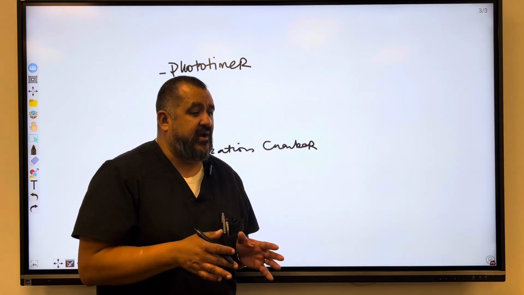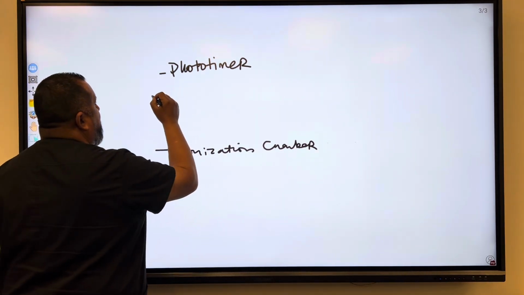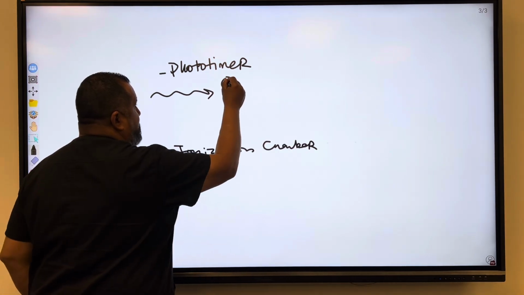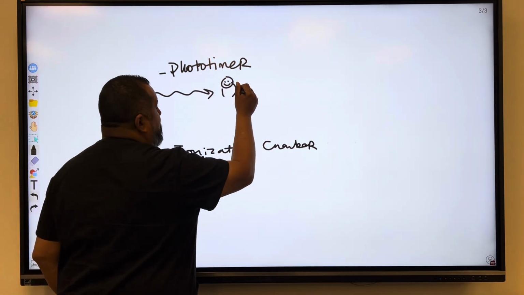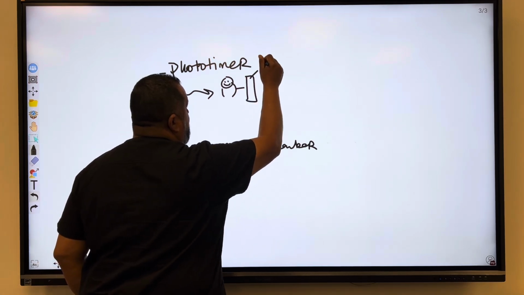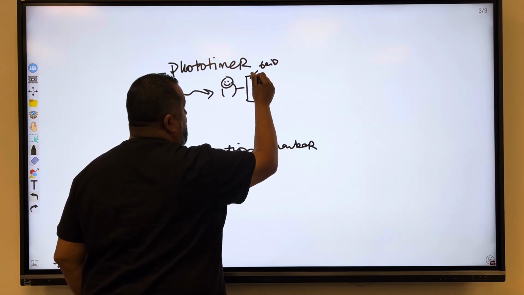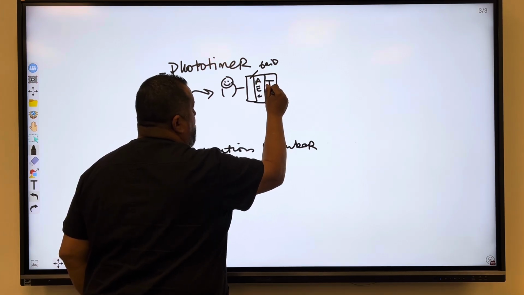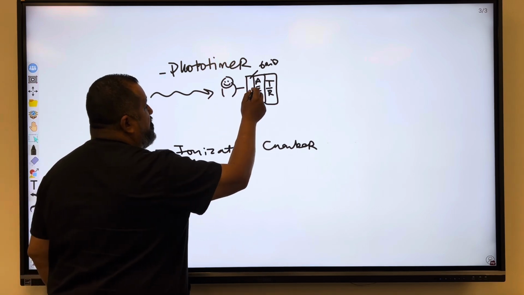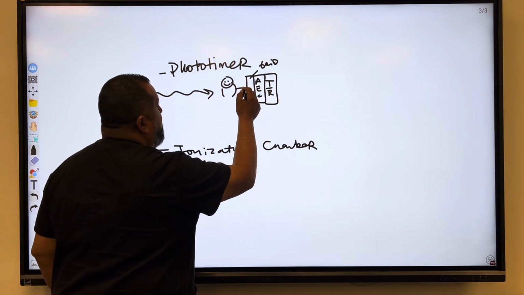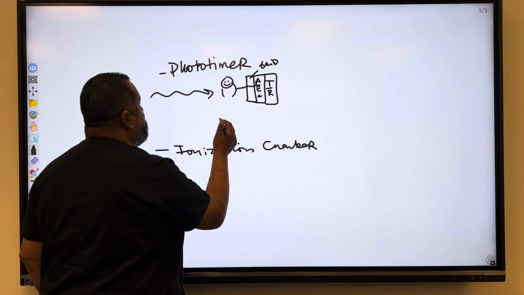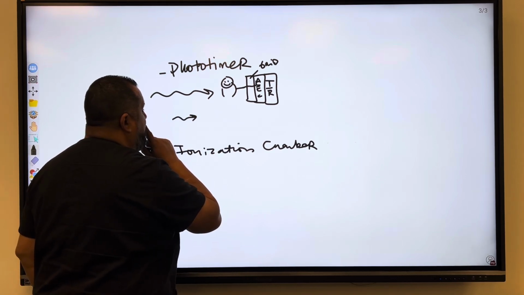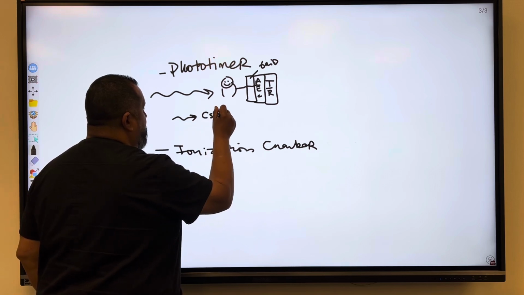But the photo timer, what it did was, let's say we had X-ray energies that were going through the object, which is the part, and our patients are always happy, right? Then it would go through your grid, let's say wall bucky here, and then it would hit the AEC device, and then you would have your IR right here. So as it goes through, when it hits the AEC device, if it was a photo timer, it would hit an area of cesium iodide.